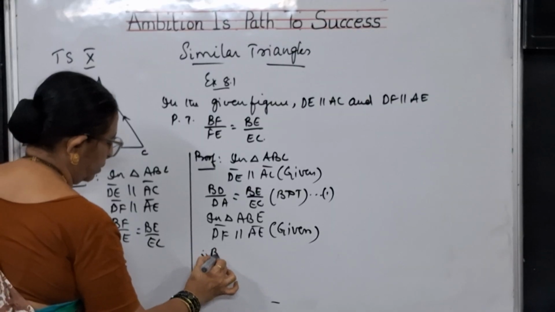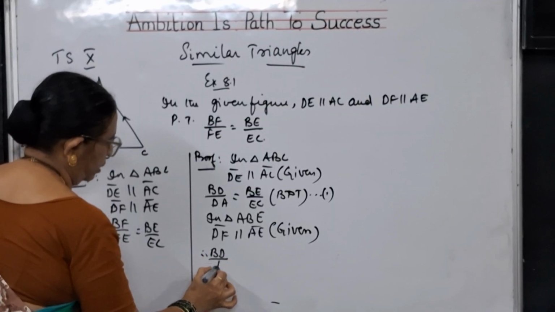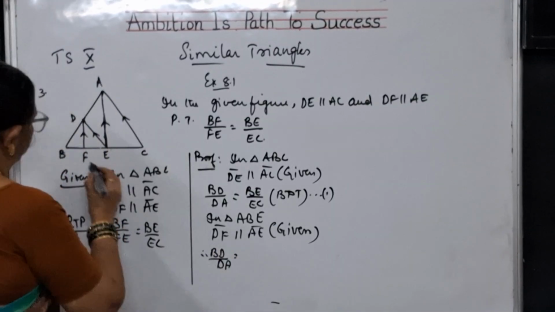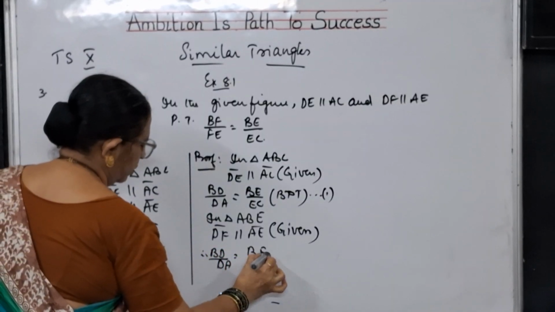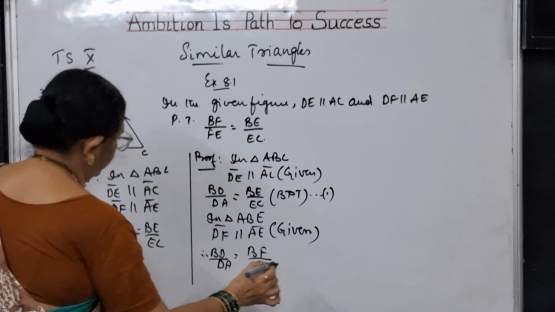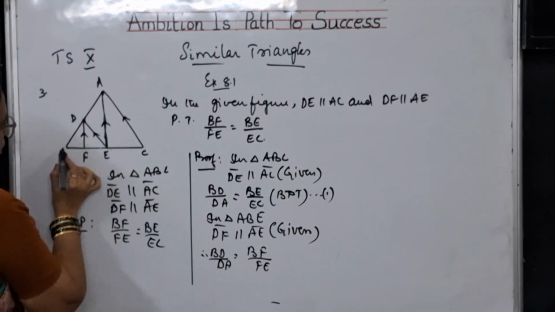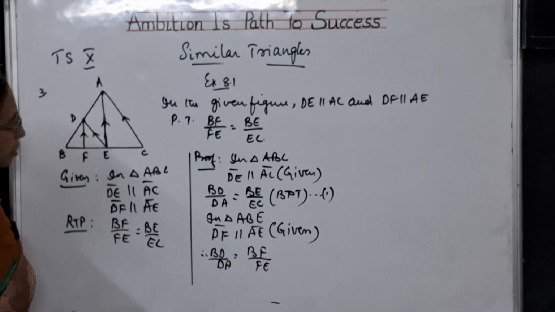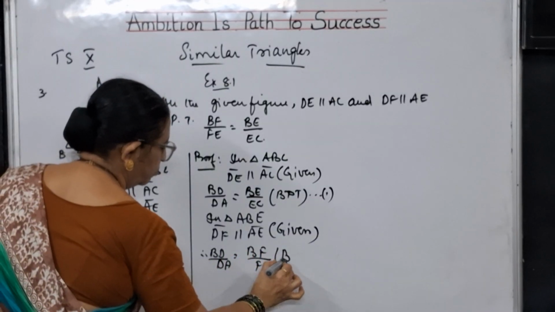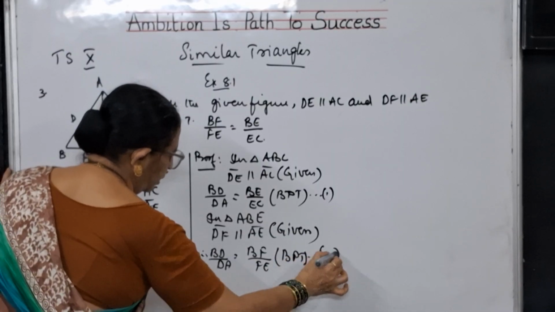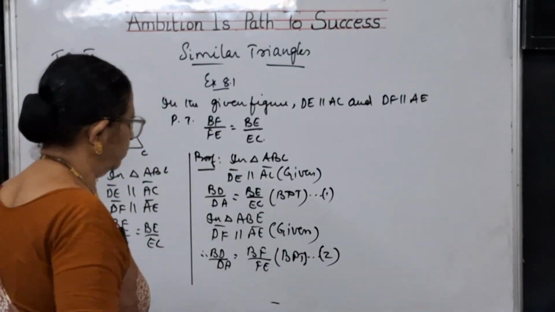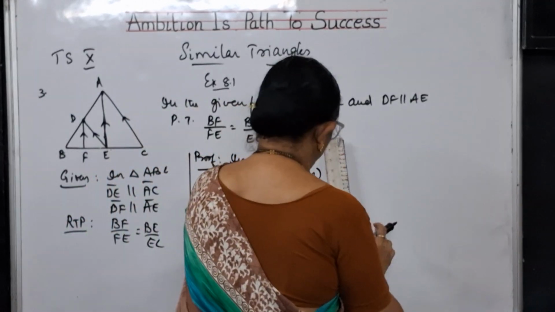Therefore, BD by DA is equal to BF by FE, basing on BPT. This is the second equation.